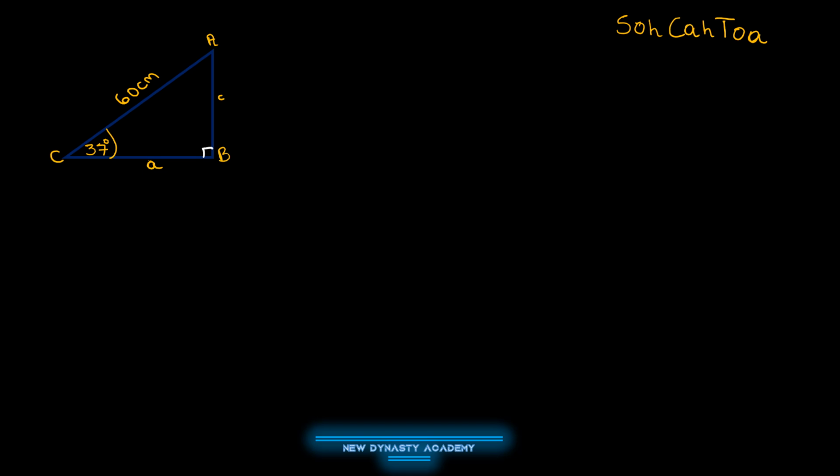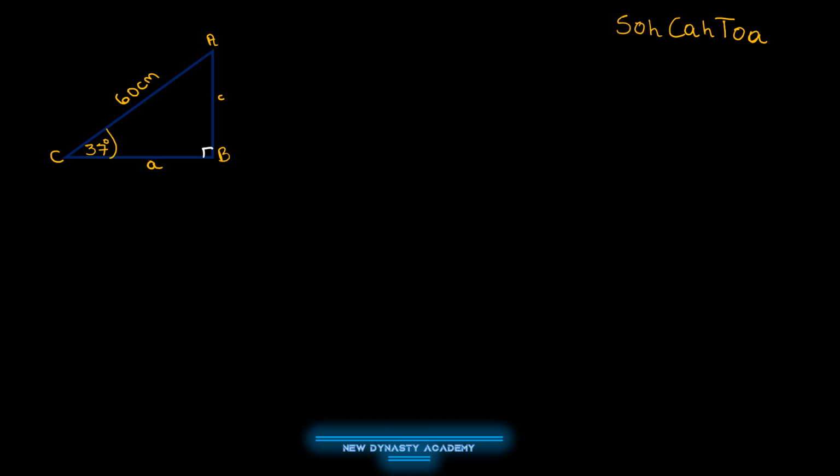Now let us go on and define the sides of this triangle with respect to the given angle, because remember, you use the ratios only by looking at how the sides are in relation to the angle of interest. So with respect to 37 degrees, the given angle, our side BC, which is now denoted by the letter A, is adjacent.